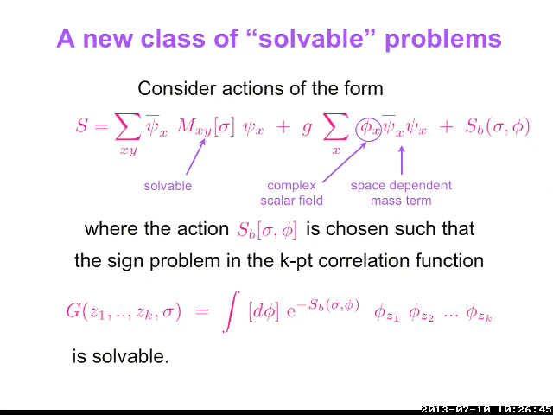So that model that I introduced was just a toy model to explain the idea of a fermion bag. Now let me explain that there is a whole new class of problems that we can actually solve using this approach. So what type of models are these? I always begin with a system where I can solve the sign problem. So this M is in the solvable form, right?